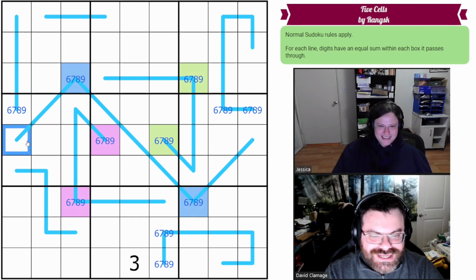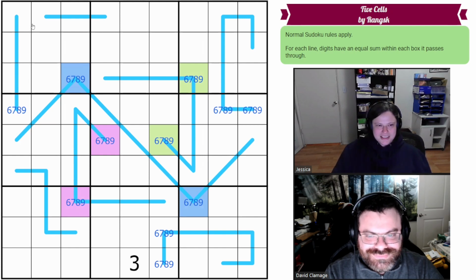This puzzle definitely has a break-in, so I feel like once you get 1 deduction, then you're good to go. I feel like this 1, 2, 3 thing is important, but I don't know how.